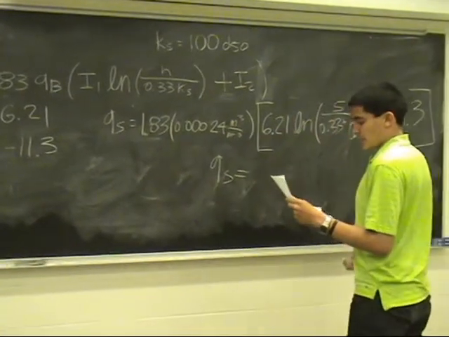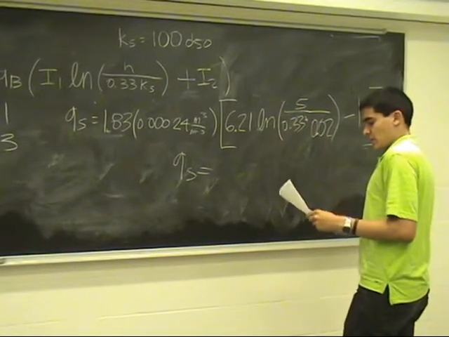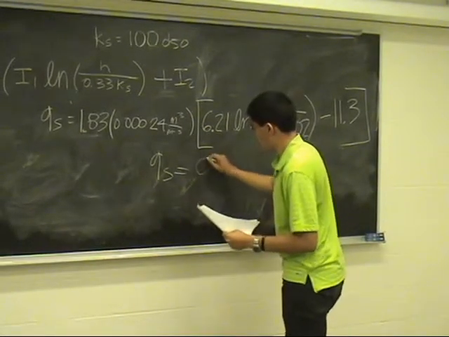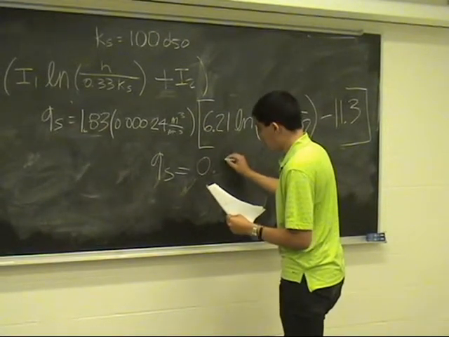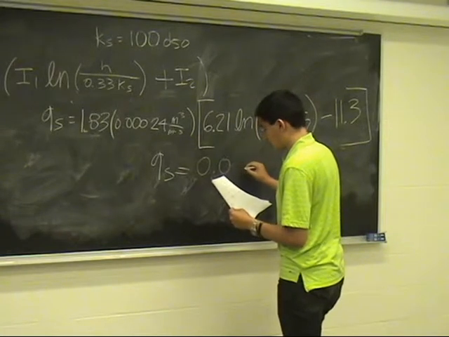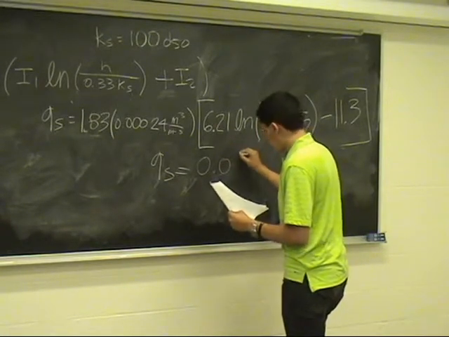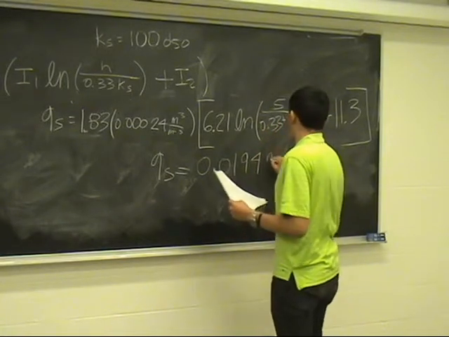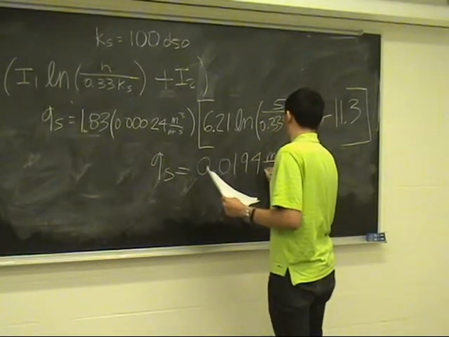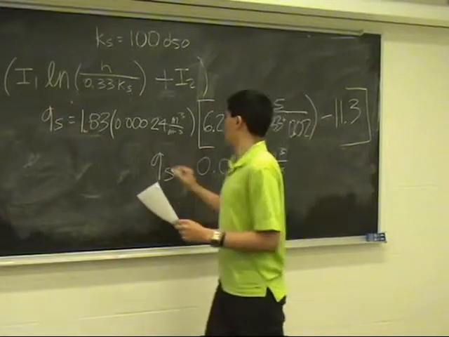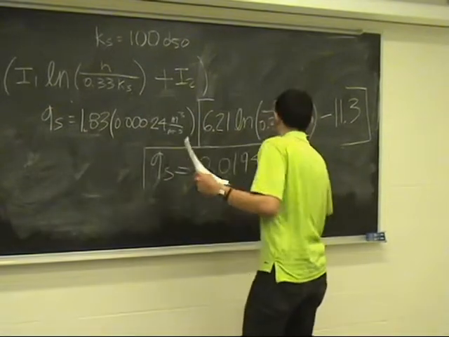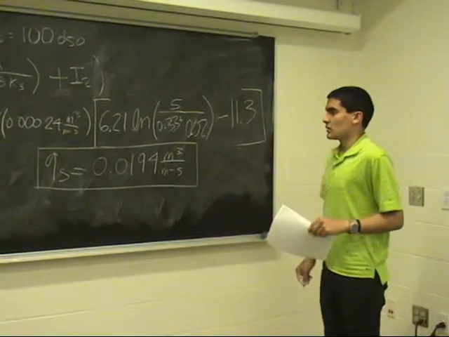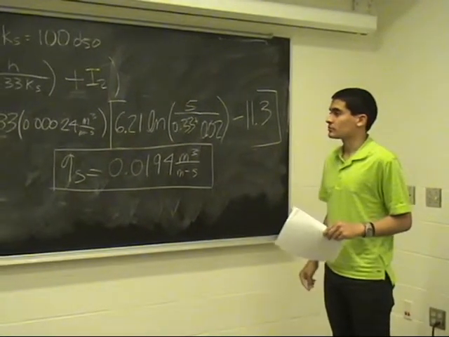If we plug this carefully into our calculator, we should get that the suspended load is 0.194 meters cubed per meter second. If you get this number, congratulate yourself, because it was a hard process to get here.